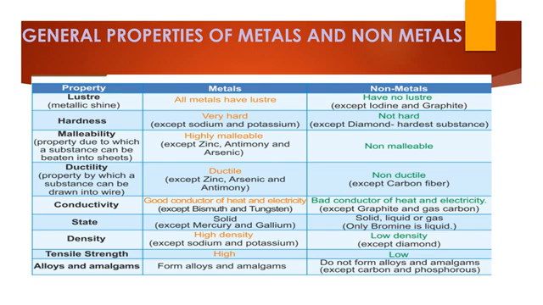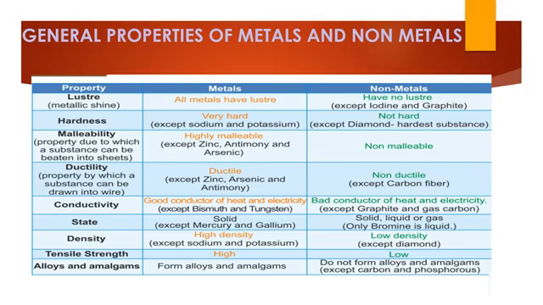Malleability. All the metals are highly malleable except zinc, antimony and arsenic. Non-metals cannot be malleable. Ductility. The same zinc, arsenic and antimony are the metals that won't undergo ductility, but for non-metals, this property is absent.